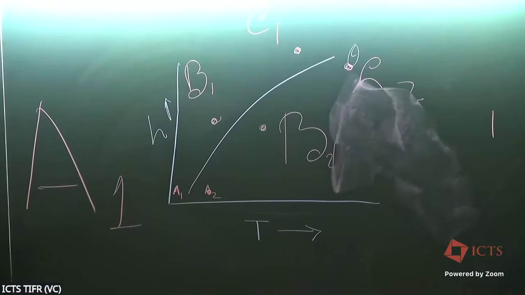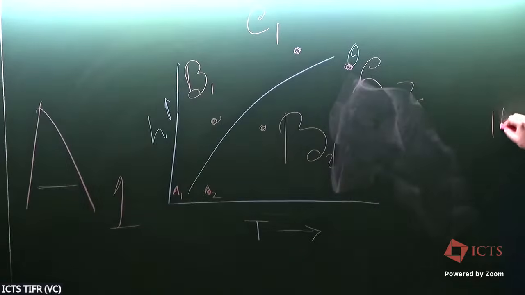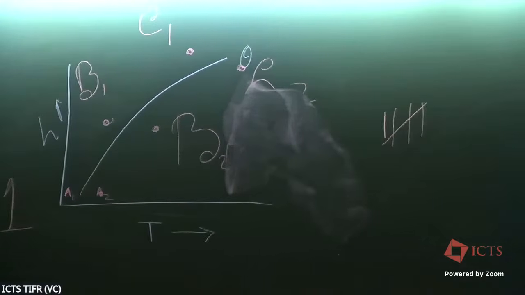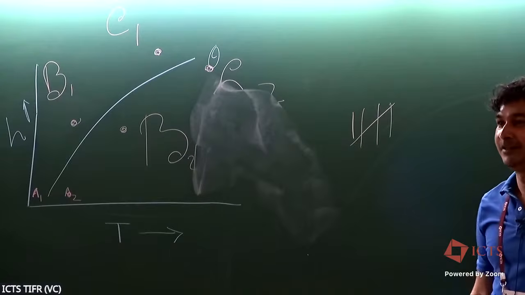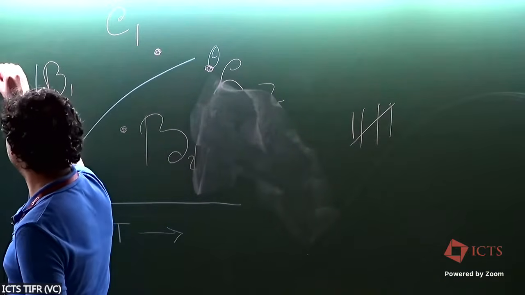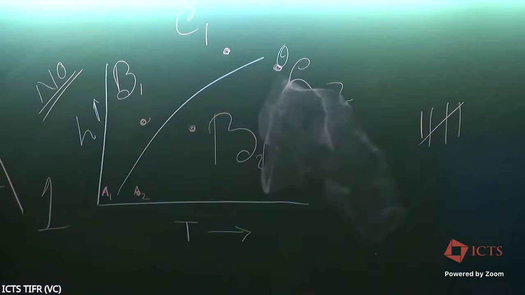Anybody else wants to shout for B2? Okay, I see 3, 4, 5 people for B2. Anybody for B1? Okay, good. We have no person who did it wrong. So we agree that it should be B1.